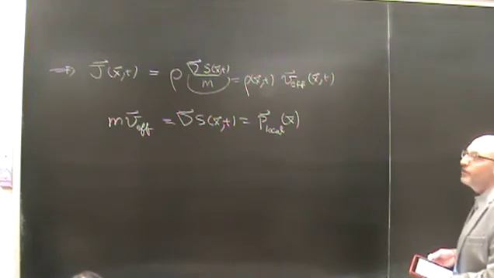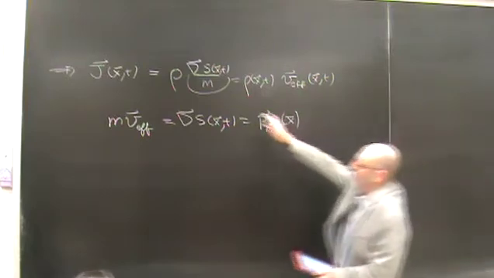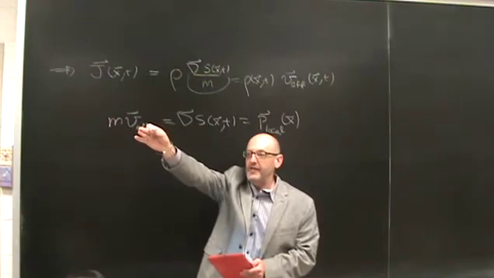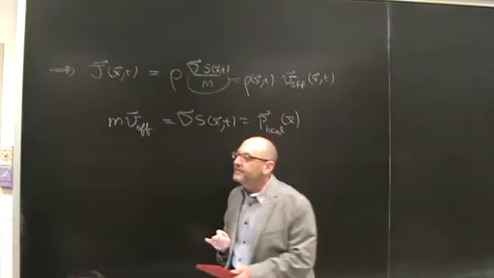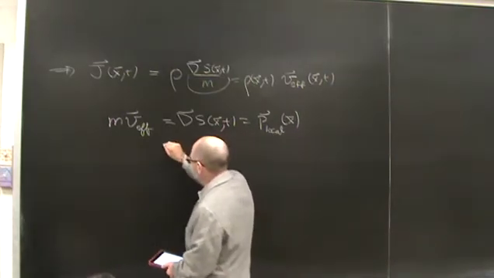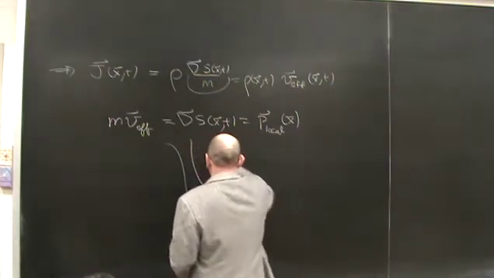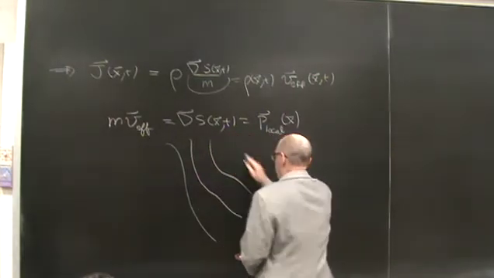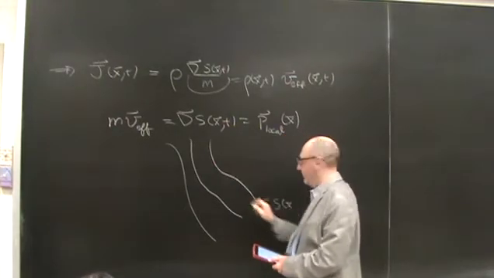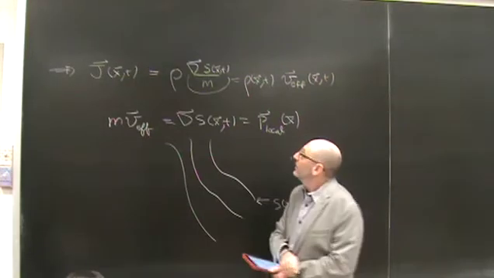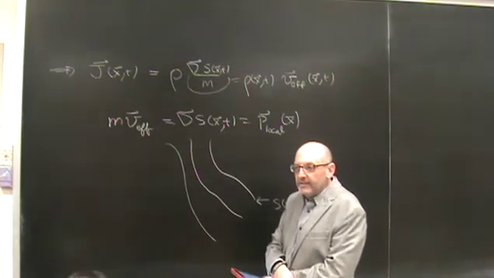So, how do we interpret that picture? Well, what is S? S was the phase. And we said that contours or surfaces of constant S, so this is a locus of points, a surface where S of x and t is a constant. What is the gradient then?